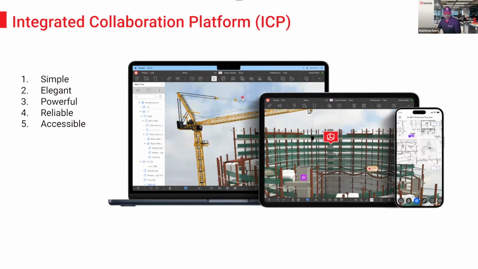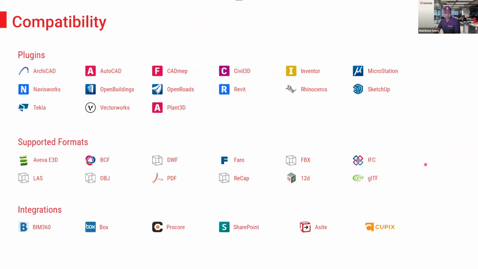Our interface is simple and elegant, no matter which device you're using. And it's extremely powerful with all the tools it offers, whether that's for coordination or design, or something like augmented reality in the field. On the phone, you can see it has split screen capabilities. So it makes it simple for any user to access the information they need.